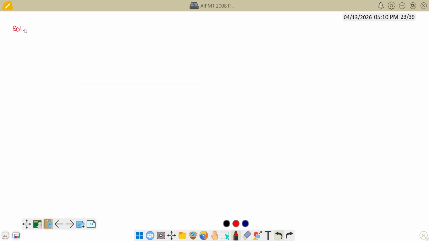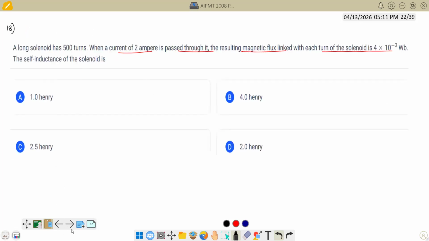Suppose you want to find self-inductance, you should know that the total flux through the solenoid will be equal to self-inductance and current flowing through the solenoid. If you have n loops and each loop has a flux of phi, then n into flux of each circular turn is equal to L into I. The value of n is given as 500.